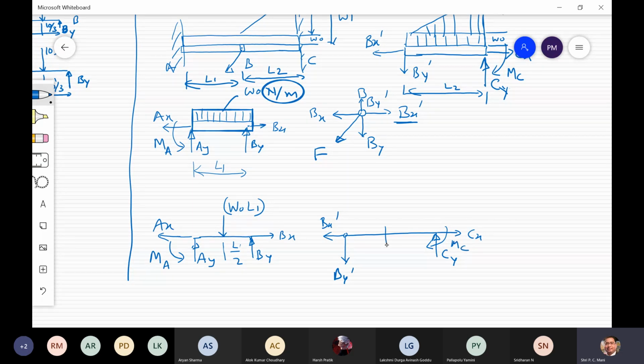anywhere here will be W0 into L2. Okay, anywhere here that will be W1 minus W0 into L2 divided by 2. Okay, clear? This length is how much?